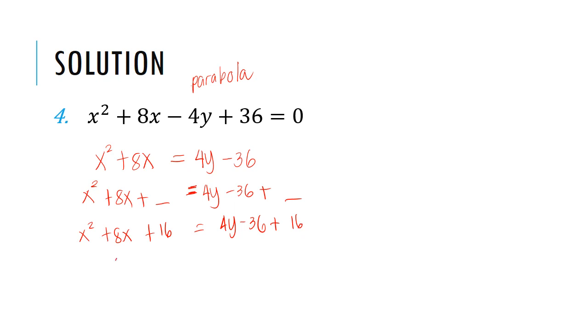The left side would simplify to x plus 4 squared, and the right side would simplify to 4y minus 20. The standard equation for a parabola is x minus h squared equals 4a times y minus k.